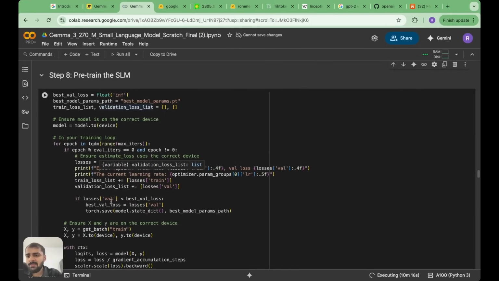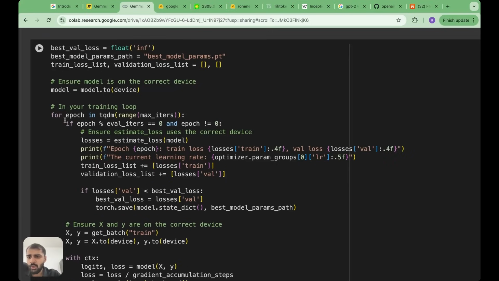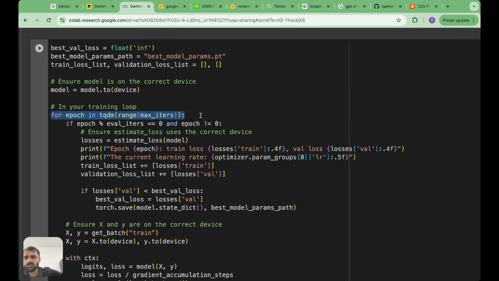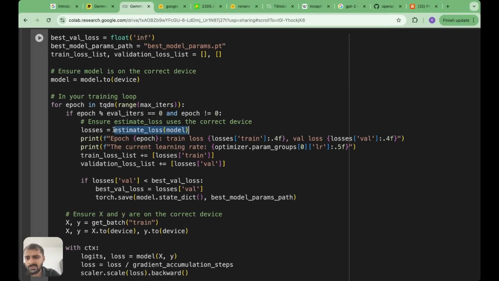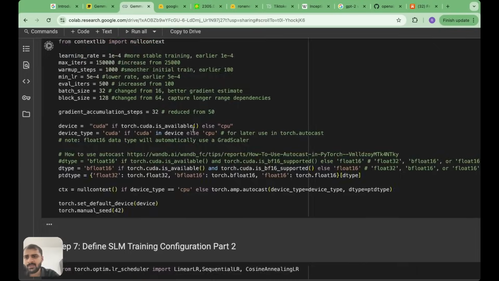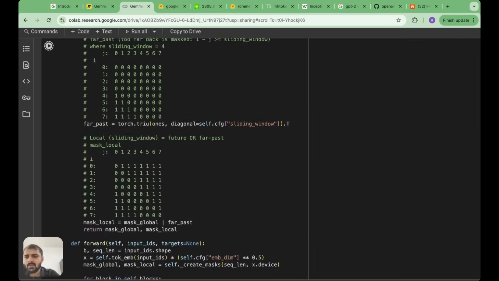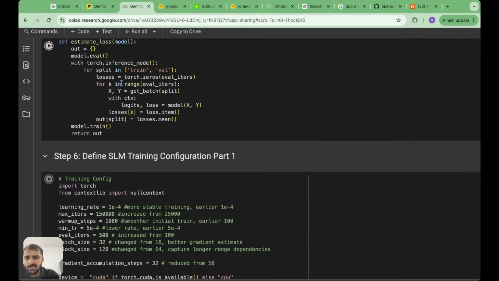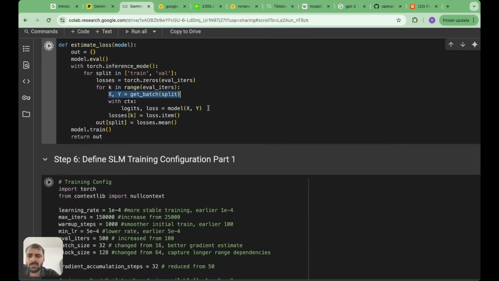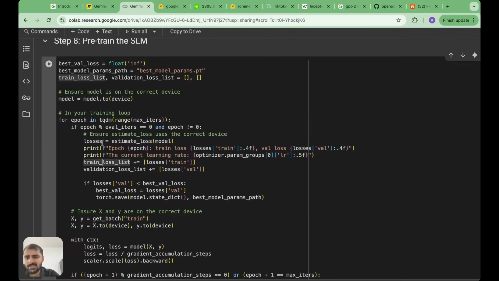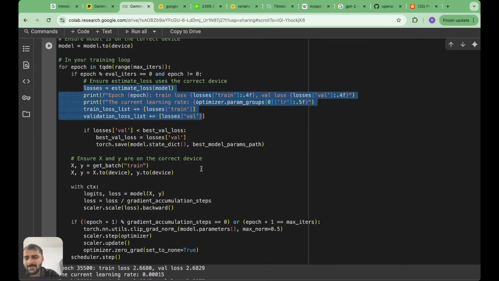And this is our main pre-training loop which I want to explain to all of you. So first, it runs through the different iterations. As I mentioned, we'll first call this estimate loss, because the estimate loss function, which is here, it gets the batch, it does the forward pass, and it gets me the loss. So I'll call the estimate loss function, I'll print my loss, and then after this point I'll do back propagation.